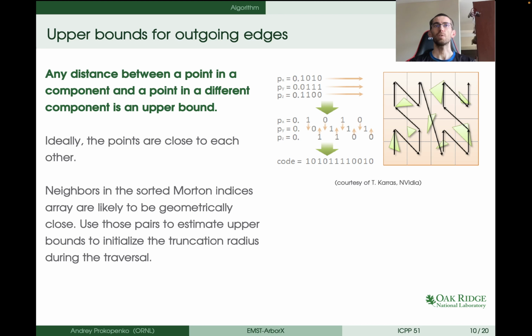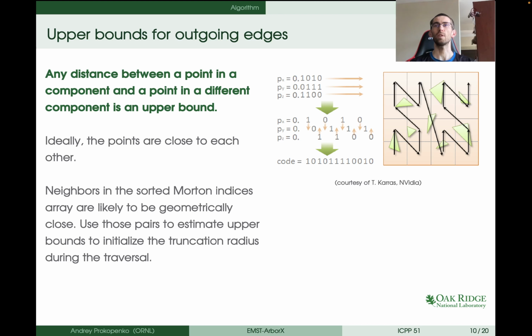The goal here is to try to identify such pairs of points that are geometrically close. The way we do that is by using a space-filling curve, a z-curve in this particular case. And if 2 neighbors in the sorted indices on a space-filling curve belong to different components, then they're first of all likely to be geometrically close, because that's the whole point of the space-filling curve.